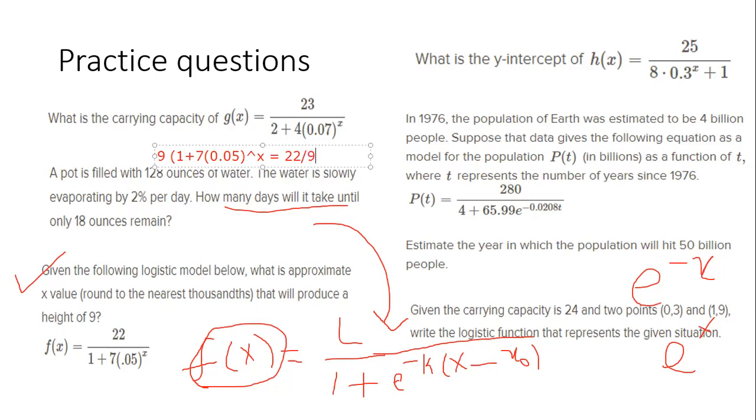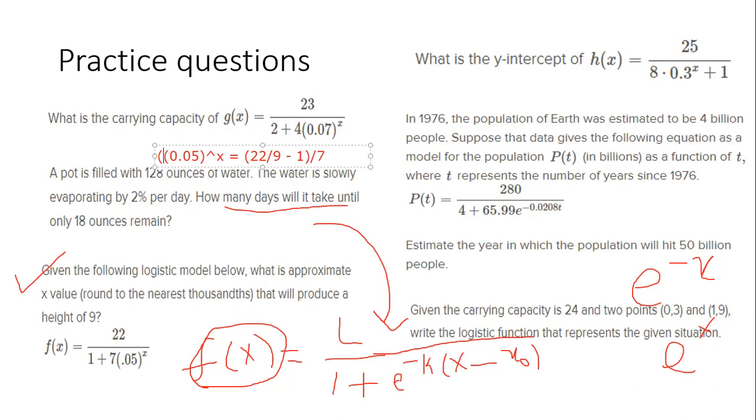Then let me take 22 over 9 here, and then 22 over 9 minus 1 here. I'm just shifting to the other side because I have to solve for x. And divided by 7. Okay. Now what?